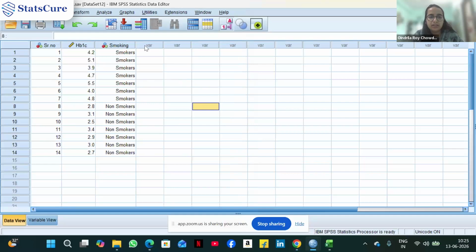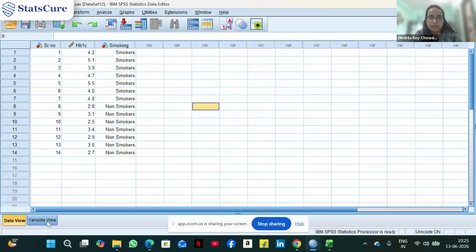Now, this is the data structure actually. I guess my screen is visible. Yes. This data contains 3 columns: serial number, HbA1c value, and smoking status of those persons.